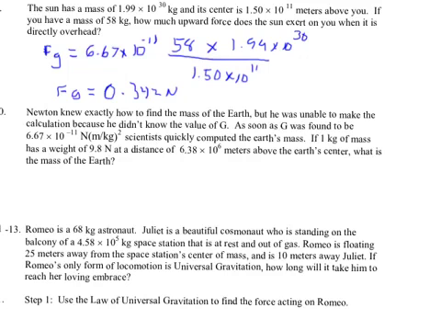If you take 1 kilogram of mass, that's M1, and you position it at the surface of the Earth, M1 is going to be 1 kilogram, times M2, which is the mass of the world, divided by the distance between the centers squared, which is 6.38 times 10 to the 6th, and we're going to square that whole expression, times big G, which is 6.67 times 10 to the negative 11th.